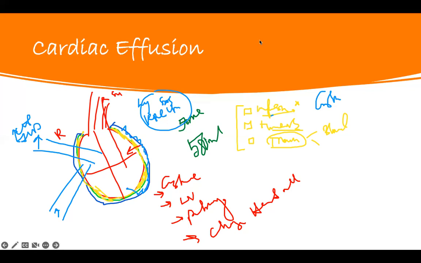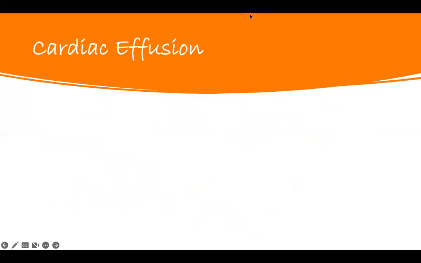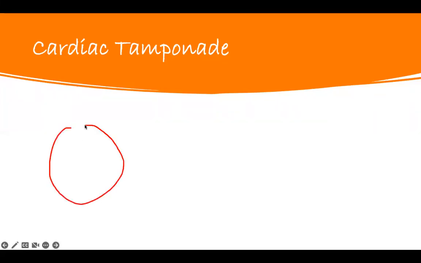So let's use that pathophysiology to look at this problem. So cardiac tamponade is the same thing. The only problem is this is your heart and this is your pericardium. Okay, I'll use green. Pericardium is here surrounding the heart.